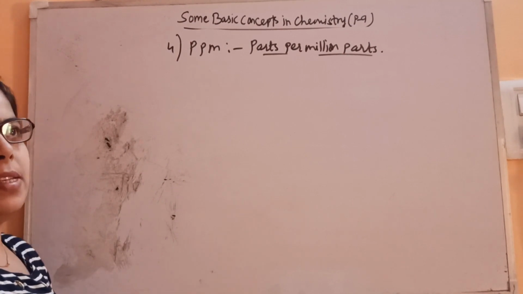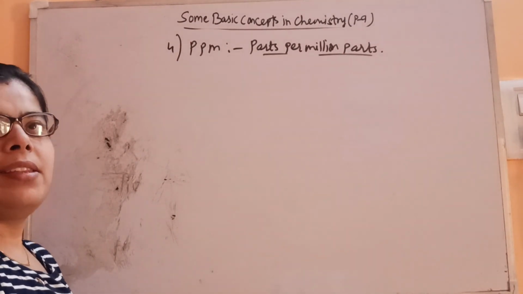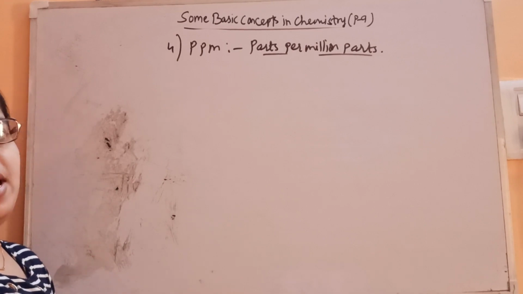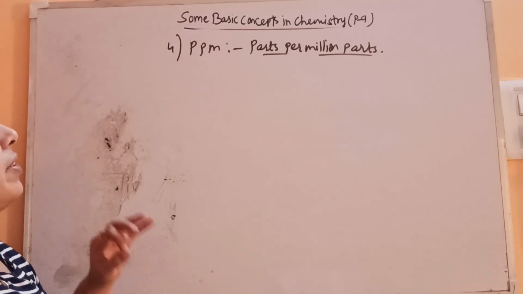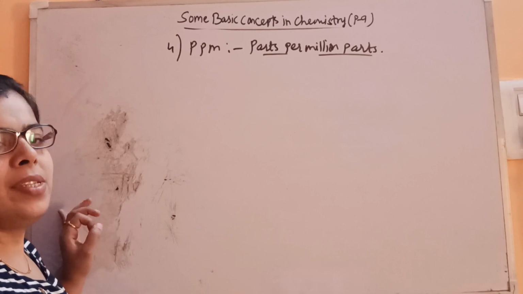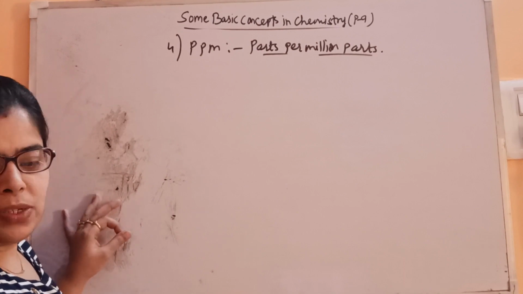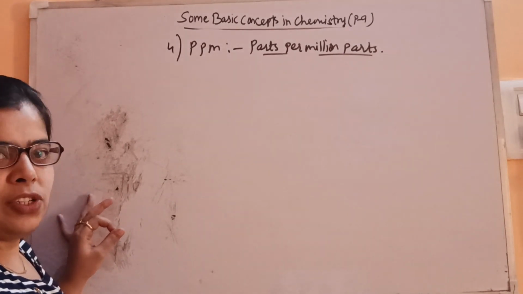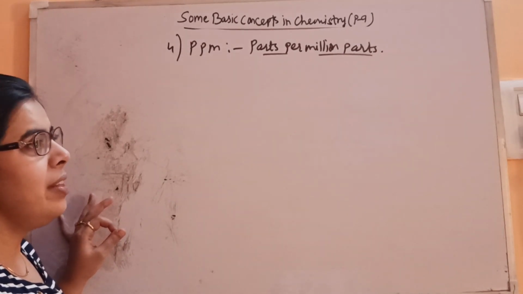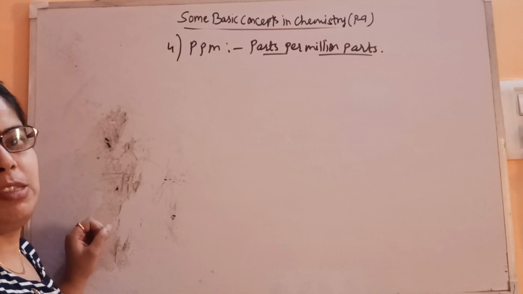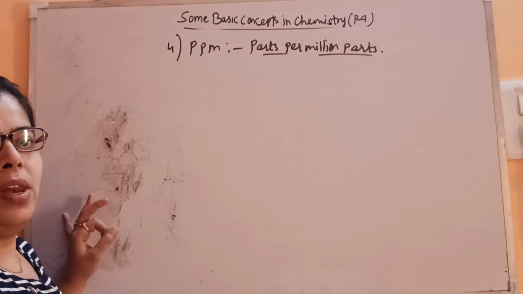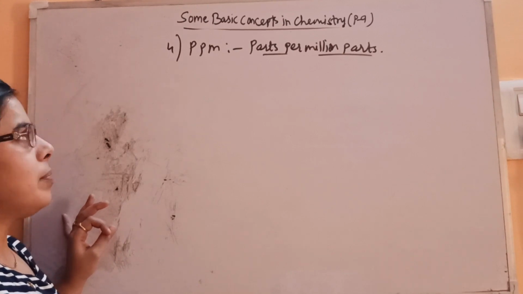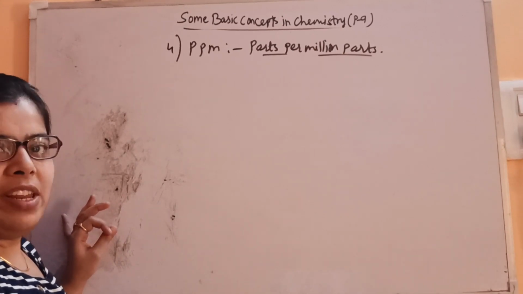Like in some cases, we'll find that the concentration of the solute is very, very less. So in case it is very, very less, then if we are using the mass percent or volume percent for the calculation of its concentration, the value is coming out to be very, very small.